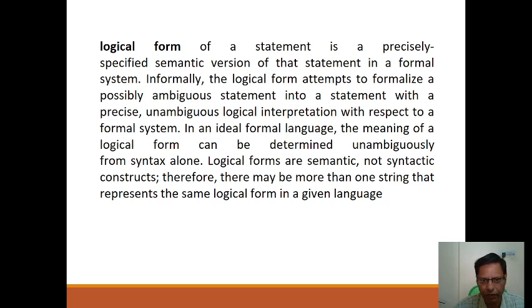In an ideal formal language, the meaning of a logical form can be determined unambiguously from syntax alone. Logical forms are semantic, not syntactic constructs. Therefore, there may be more than one string that represents the same logical form in a given language.